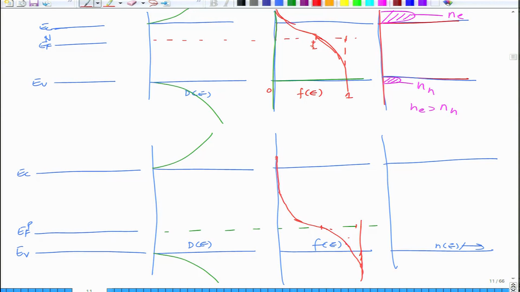And now if you plot electron and hole concentration, the hole concentration will be bigger and the electron concentration will be smaller. So this is NH and this is NE, and NH will be much larger than NE. So this is the difference between the P and N type semiconductors in terms of their concentration.